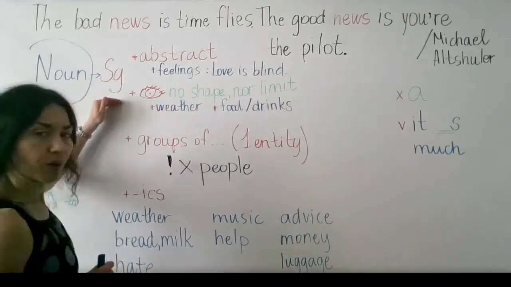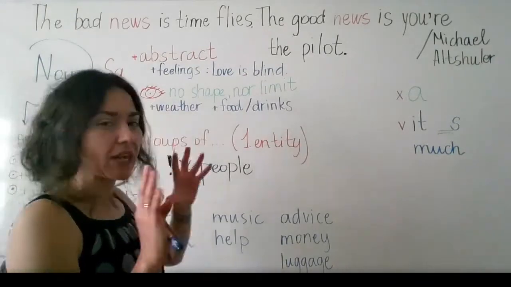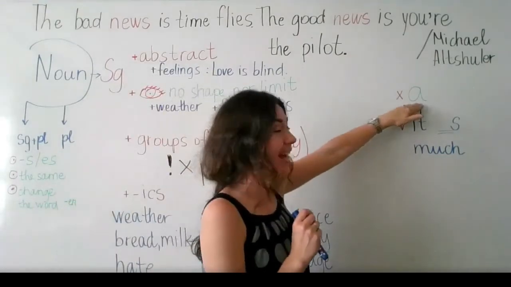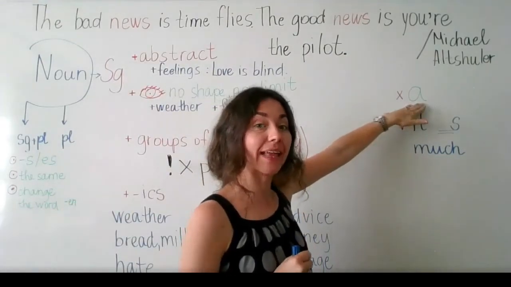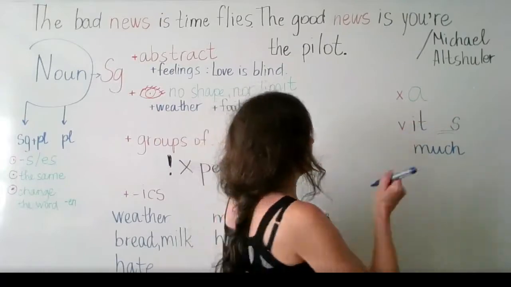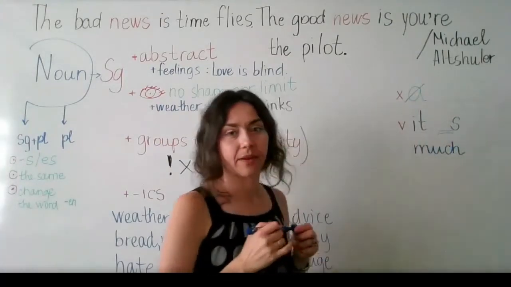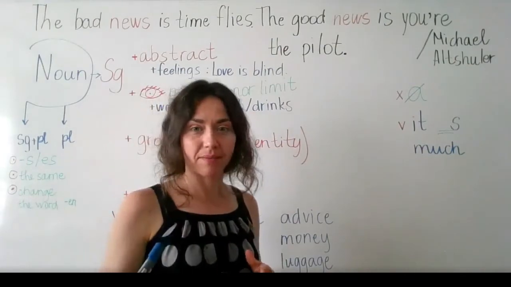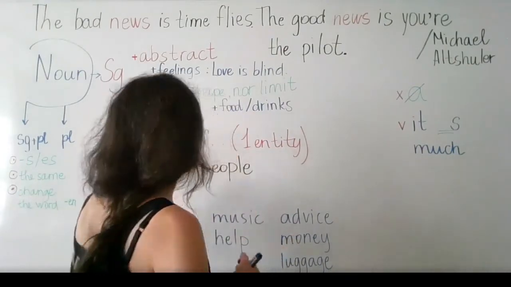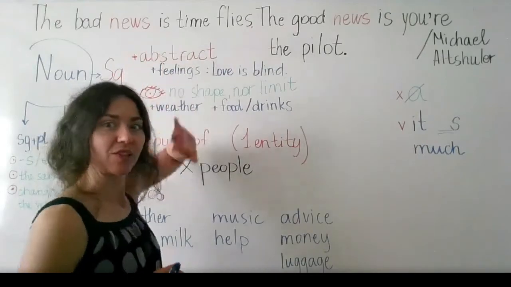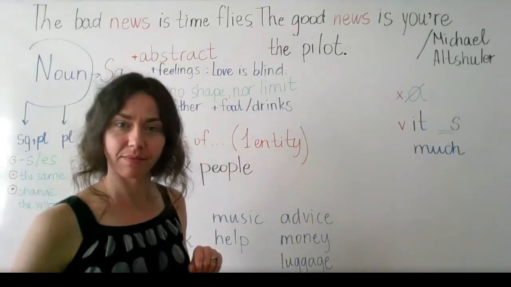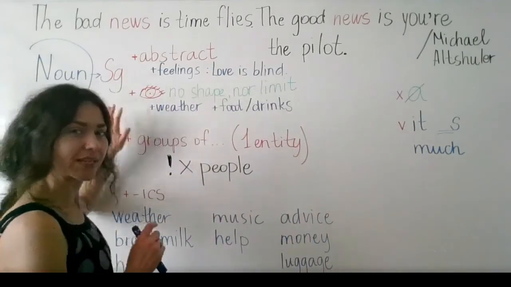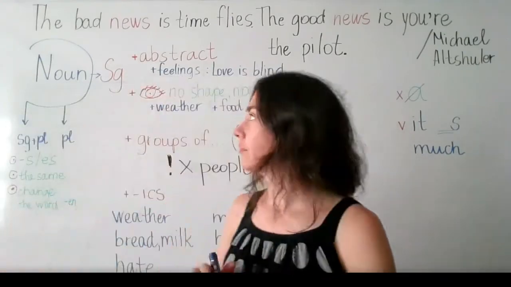But these nouns do not have any plural form. So in that case, we cannot use this indefinite article a with them. So no a. For example, we say a boy, but we cannot say an use. You see, so there is something special about these words, about these nouns.